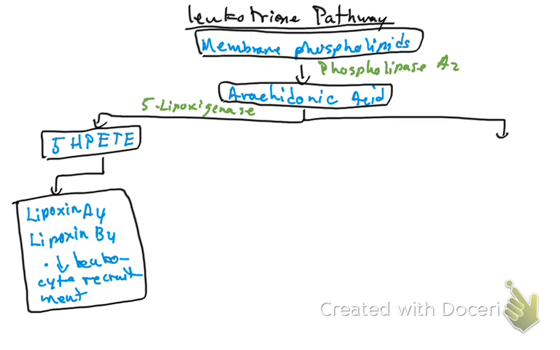And this lipoxin A4, lipoxin B4, which decreases the recruitment of the leukocyte, has a property which is called anti-inflammatory. So this is anti-inflammatory.